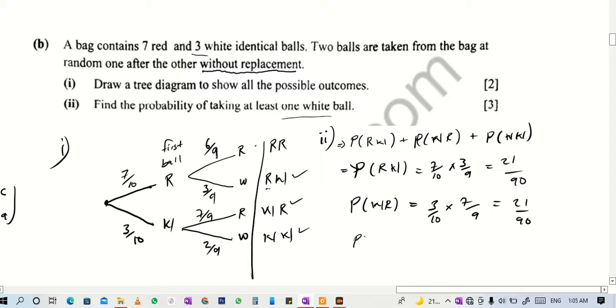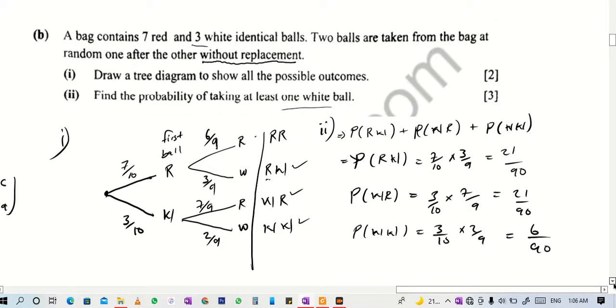The probability of getting white, white would be equal to 3 over 10 multiplied by 2 over 9, which gives us 6 over 90.